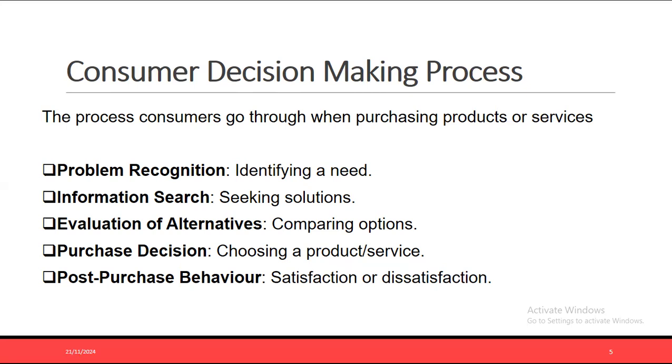Before a consumer decides to make a purchase, they would have already gone through the first three stages before they finally make the decision to buy the product. And when they buy the product, it doesn't end there. Whether or not they are satisfied with the product will determine what happens next.